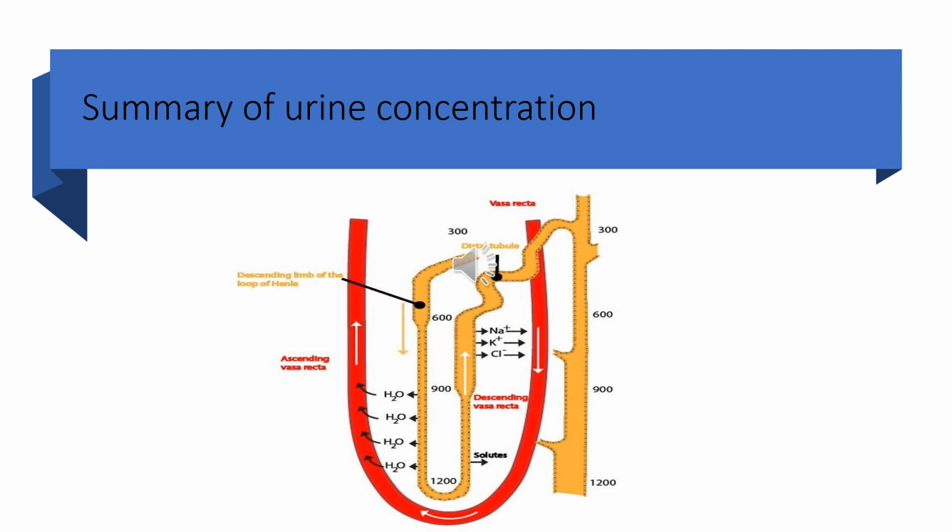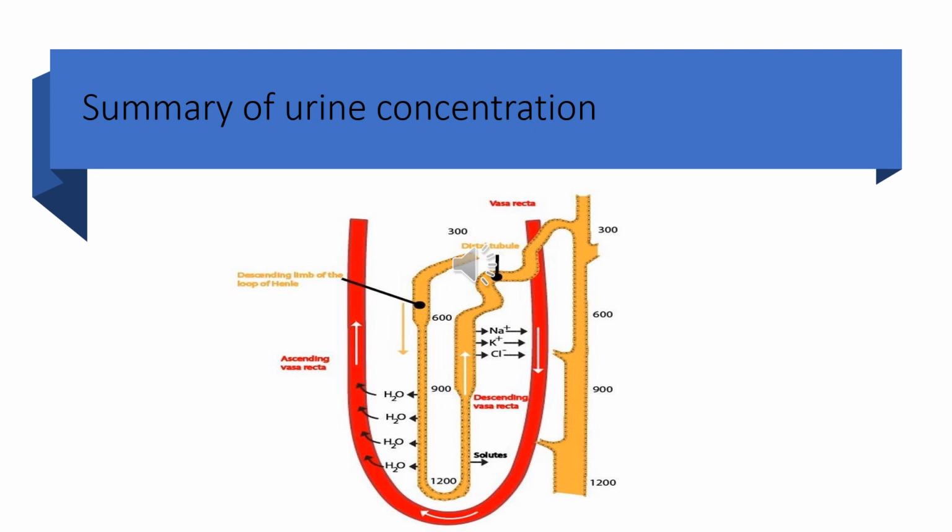And then it reaches the descending limb of loop of Henle. There passive diffusion of water occurs, so it increases the osmolarity of the tubular fluid. So as the descending limb goes deeper and deeper into the medulla, the osmotic gradient increases.